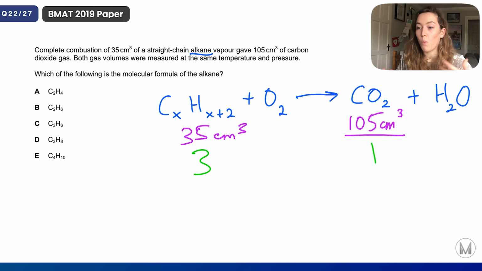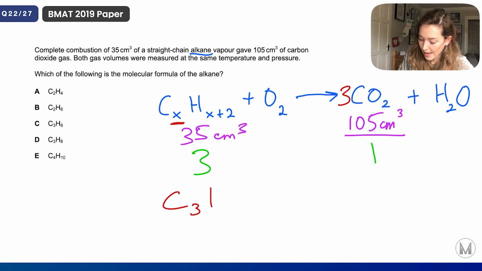Therefore, for every molecule of alkane that's combusted, we get 3 molecules of carbon dioxide. So we know we're going to have a 3 in front of that number there. Therefore, this number here also needs to be 3. So in order to then balance this equation, it's going to have to be C3H8 using my general formula. Therefore, my answer is going to be D.